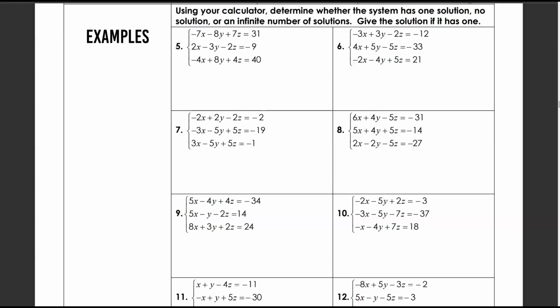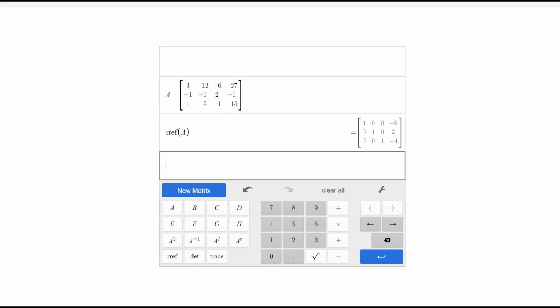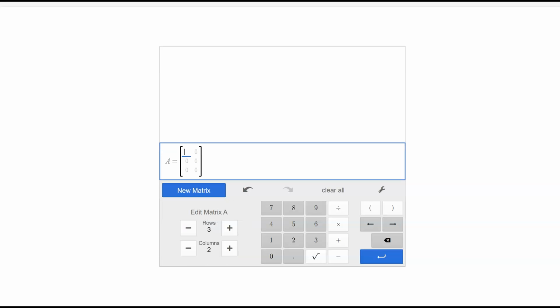All right, let's go ahead and put this first one into our Desmos calculator. Let's clear all. We're going to define our matrix, and it's going to be a 3 by 4. And so we are going to have -7, -8, 7, 31, our augmented matrix here.